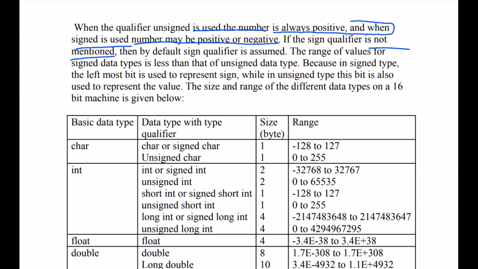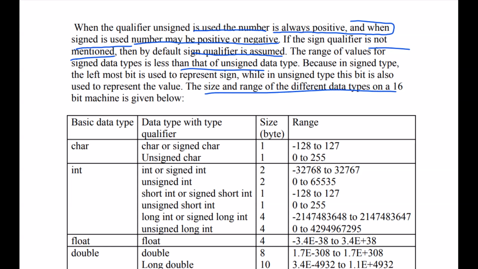If the sign qualifier is not mentioned, then by default the signed qualifier is assumed. The range of values for signed data types is less than that of unsigned because in signed type the leftmost bit is used to represent the sign, while in unsigned type this bit is also used to represent the value.